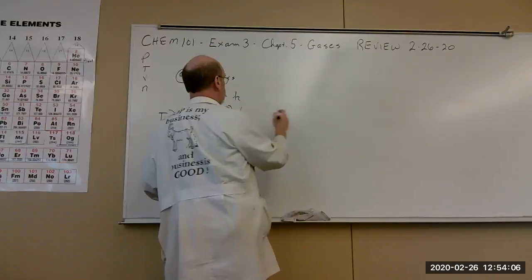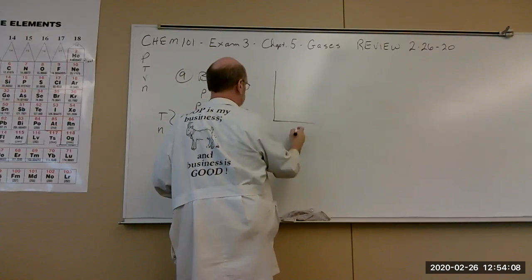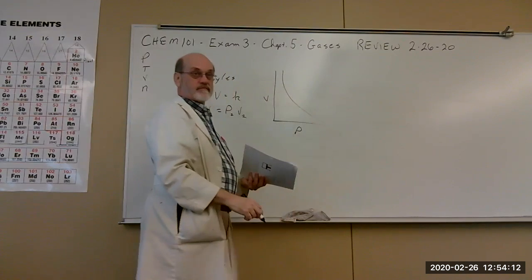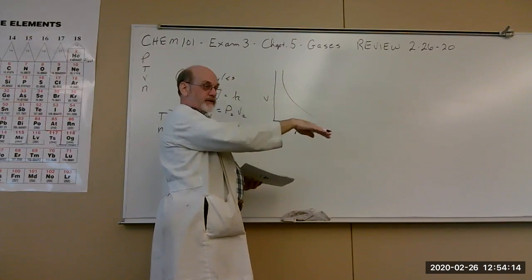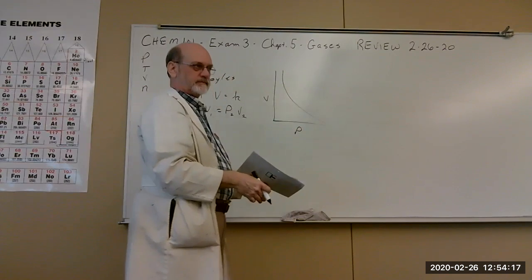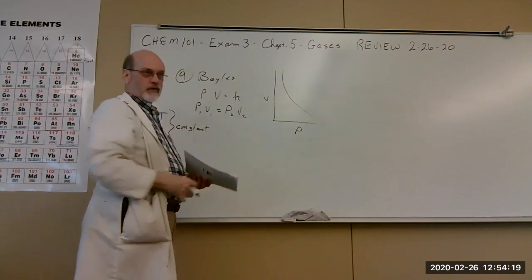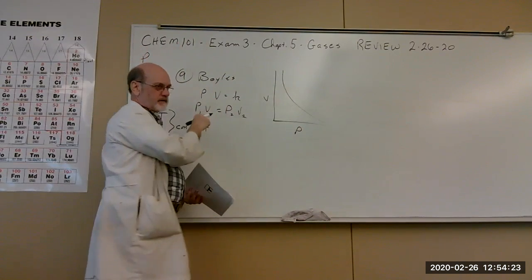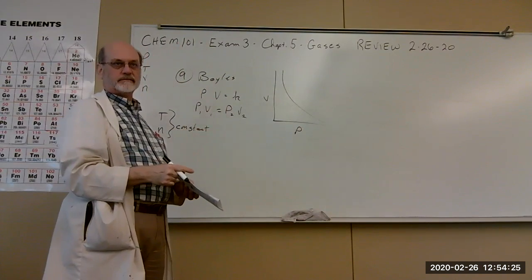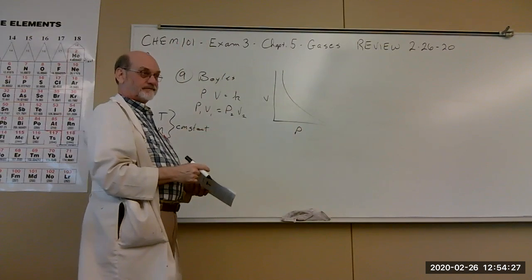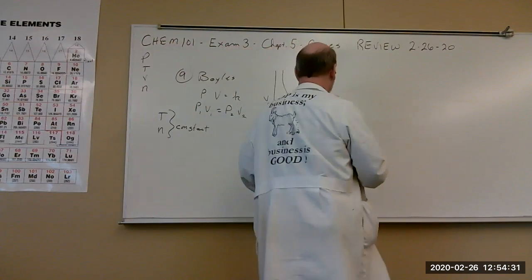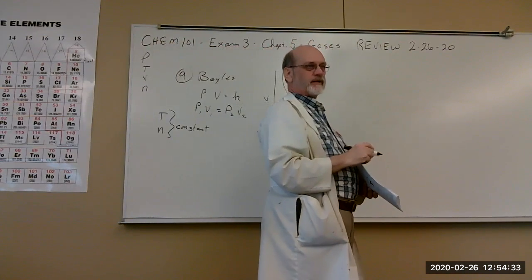So you can do it two ways. You can graph it like that. It has a negative slope, inverse proportional. Or if you know the rule of thumb, products equal a constant, always inversely proportional. While we're on the topic, what relationship is directly proportional?